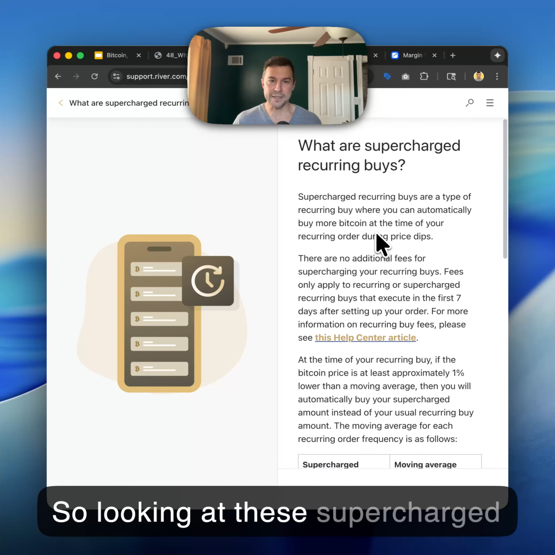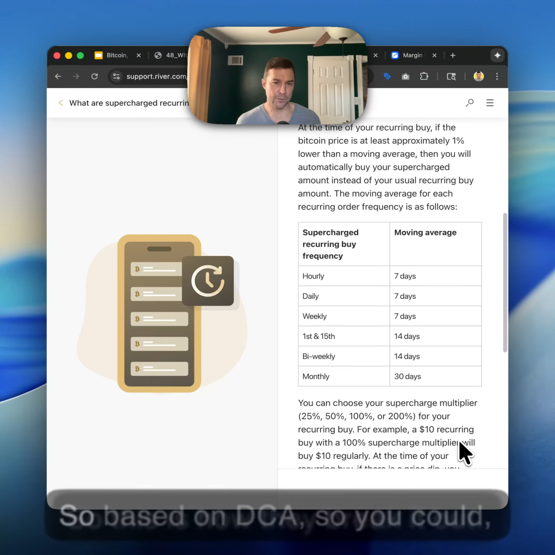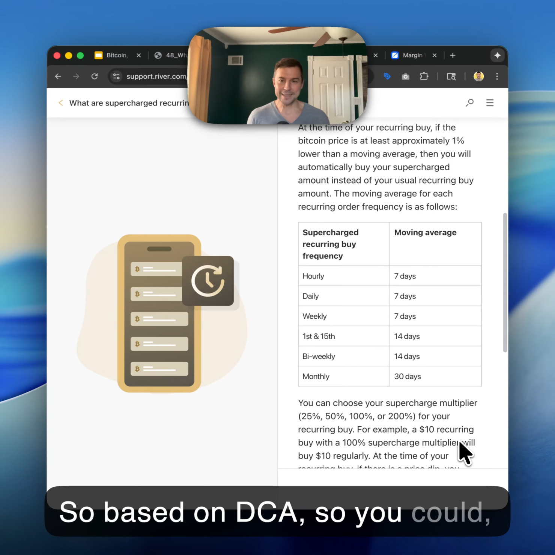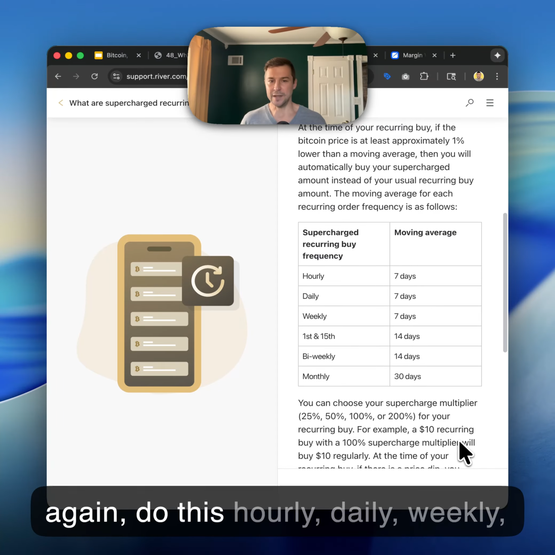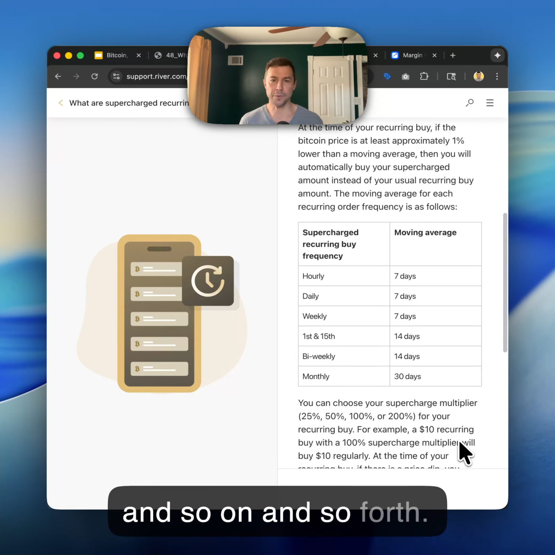So looking at these supercharged buys, supercharged recurring buys are a type of recurring buy where you can automatically buy more Bitcoin at the time of your recurring orders during price dips, which is a great time to buy. So this is how they break it out. Based on DCA, you could again do this hourly, daily, weekly, and so on and so forth.